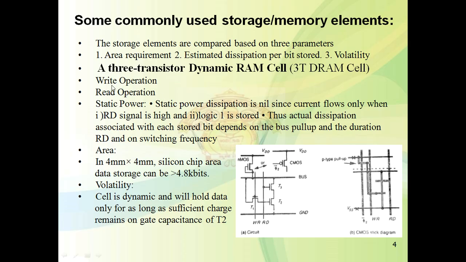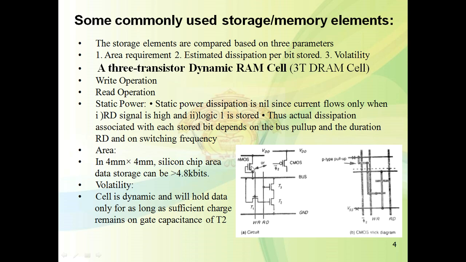For the 3 transistor dynamic cell, the arrangement is like this. This is for NMOS arrangement. This is a depletion type transistor, and the transistors T1, T2 and T3 are used as storage elements.